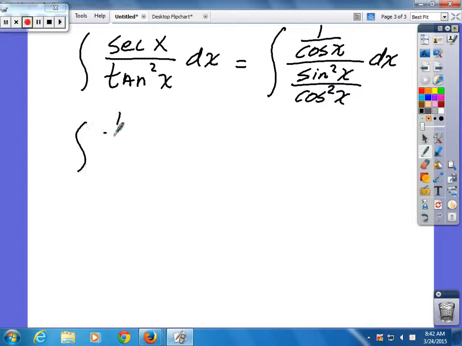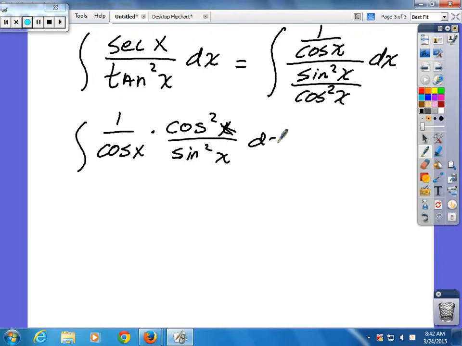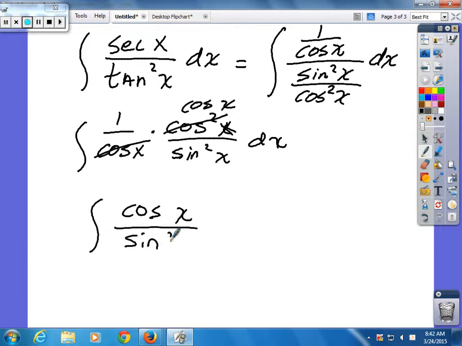Antiderivative of 1 over the cosine of x times cosine of x over sine squared of x dx, and that's going to give you the antiderivative of cosine of x over sine squared of x.